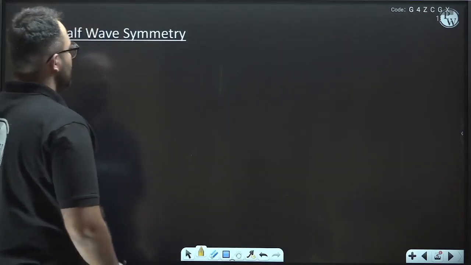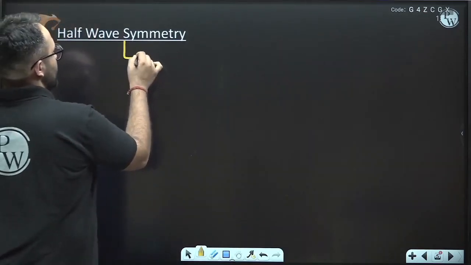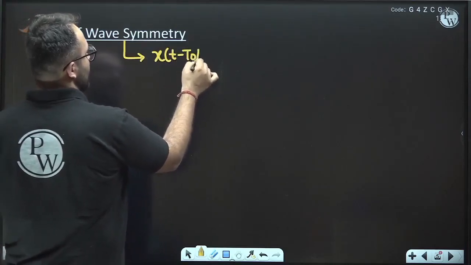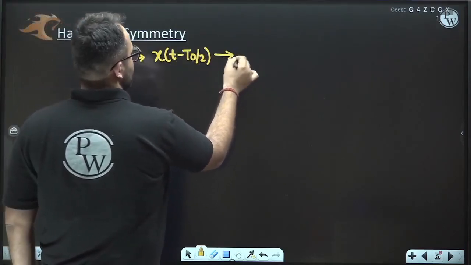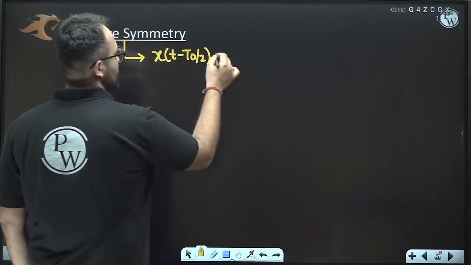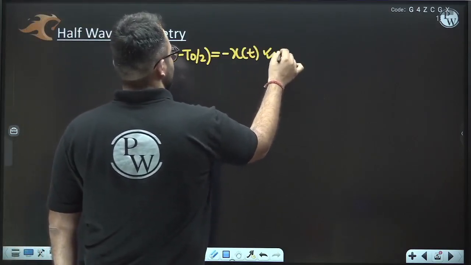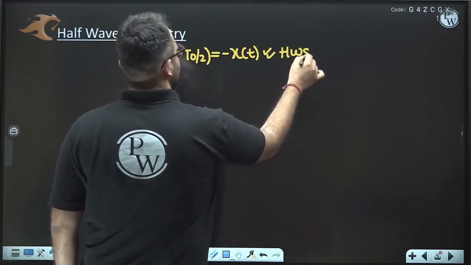That is, half-wave symmetry meaning is, if we shift the signal by half time period, and the signal becomes minus times the original signal, then the signal has half-wave symmetry.